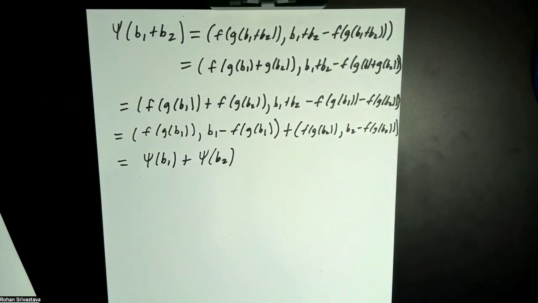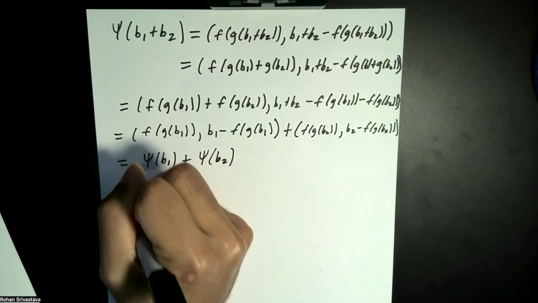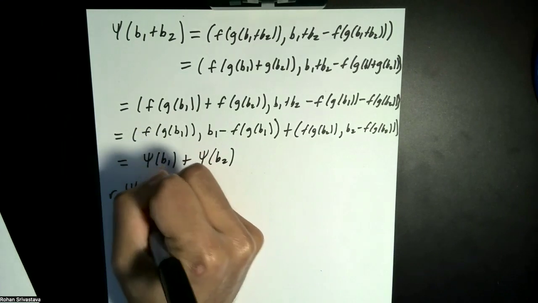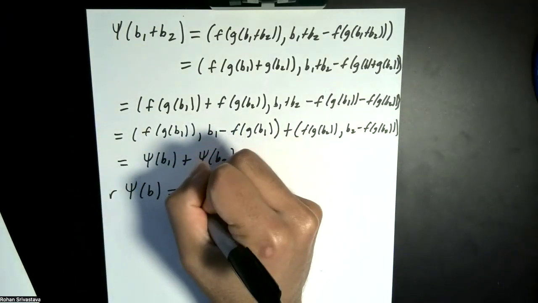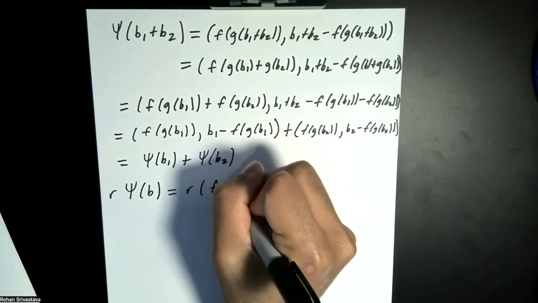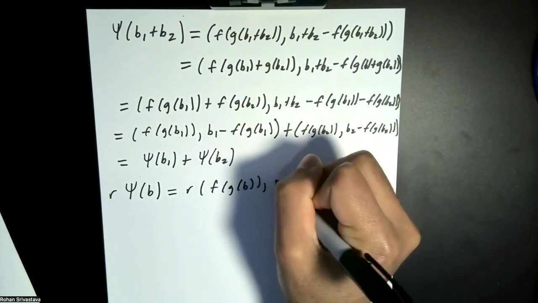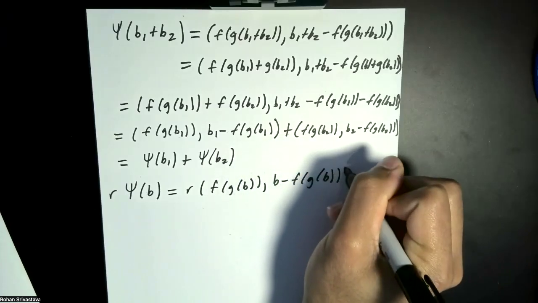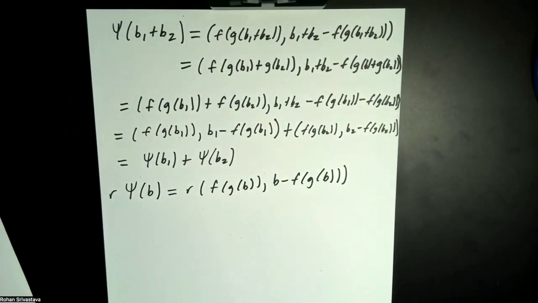Okay, so that's one thing we need to check. Of course, this is quantified for all b1 and b2 in B. Now, for all r in R and for all b in B, we need to check that r psi of b is equal to psi of rb. Well, what is this? This is r acting on F of G of b, comma, b minus F of G of b, just by definition of psi.